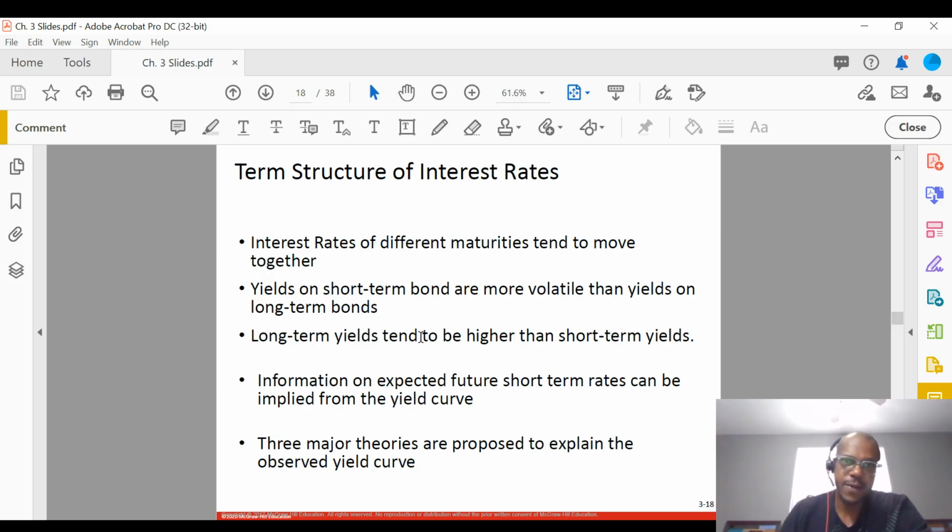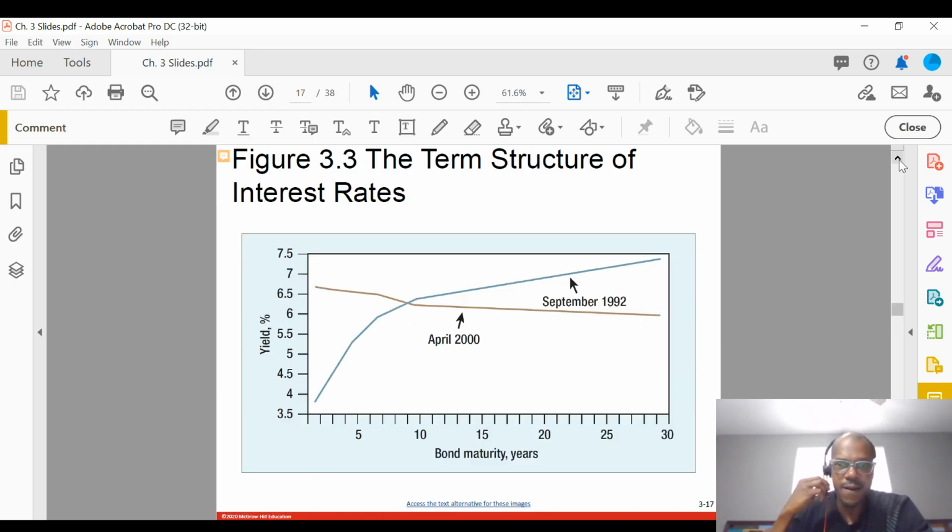The point of talking about the yield curve, the term structure of interest rates, is the fourth point here: we can infer current expectations of future interest rates from the yield curve. This is why we talk about the term structure of interest rates, because it gives us an idea of the expectation of future interest rates.